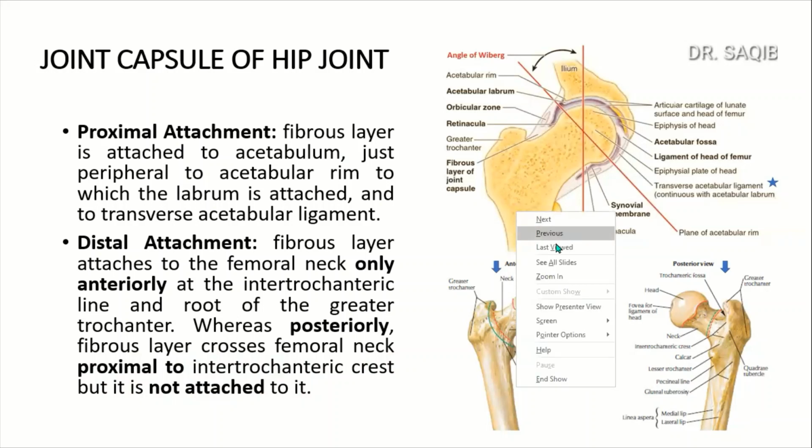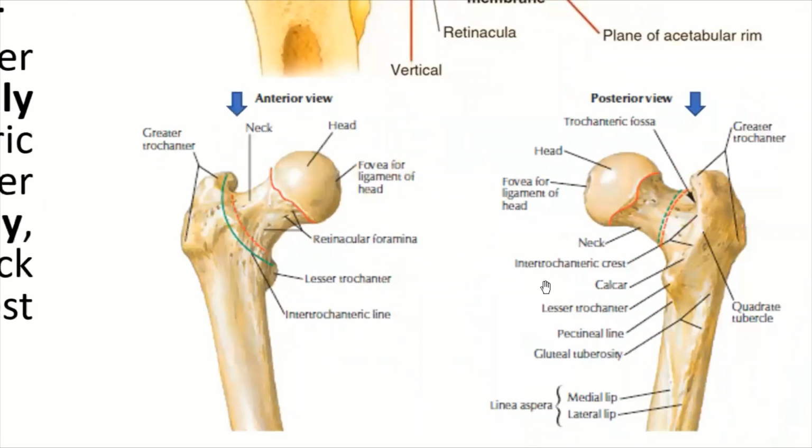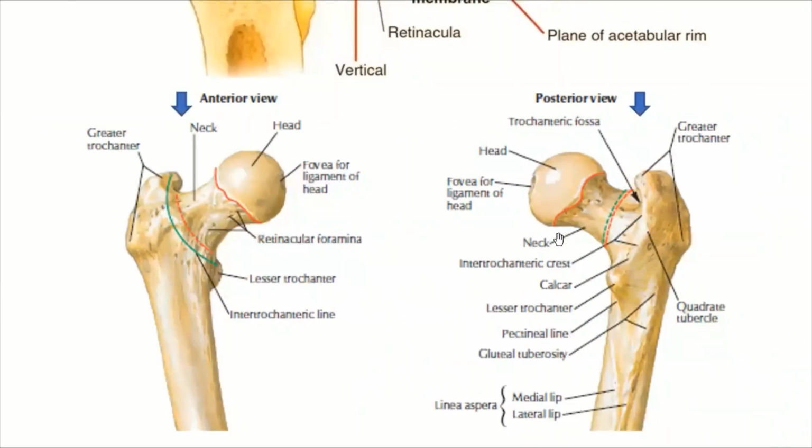I can zoom in and show you. This is the posterior view, this is the neck, and this is the intertrochanteric crest, and the fibrous capsule doesn't reach here or attach to it.